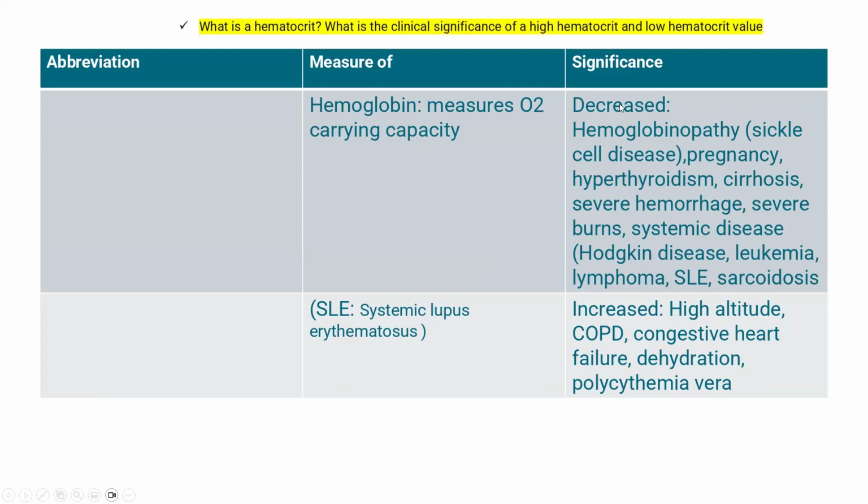It can be decreased in hemoglobinopathy, some abnormal blood disorders like sickle cell disease. The red blood cell should be rounded like that. I'm not very good at drawing, but I will try.